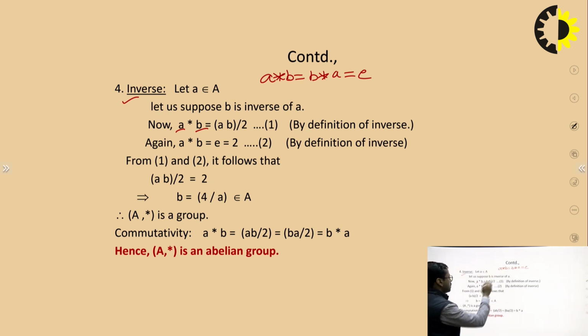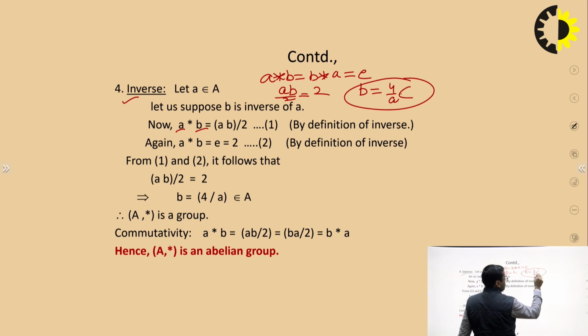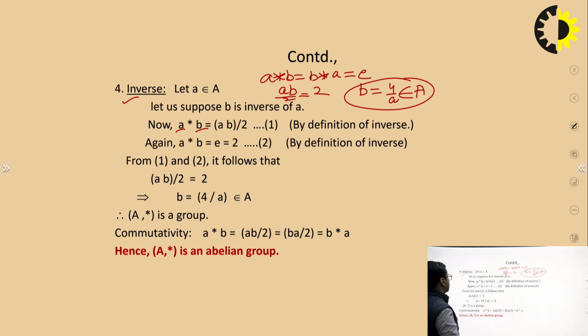Here we use the e value from the previous identity element. So the resultant value of b will be ab upon 2 equal to e, that is 2, so that the element b equal to 4 upon a. This term also exists in the non-empty set, that is the existence of the inverse value.